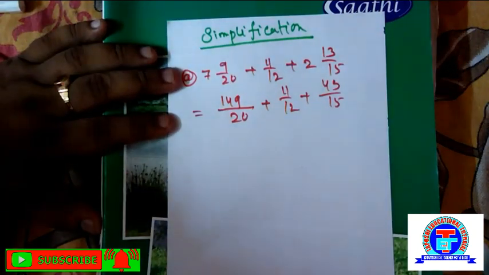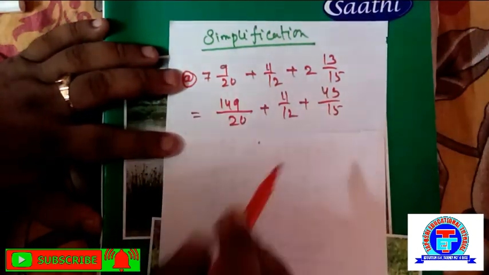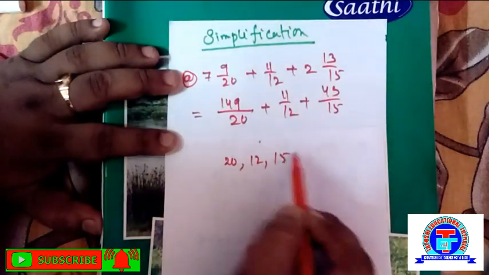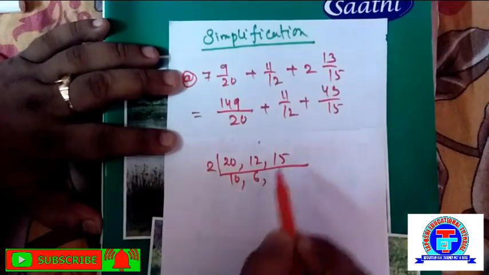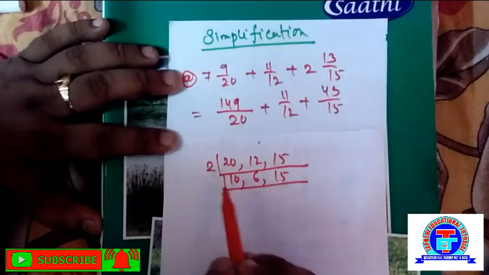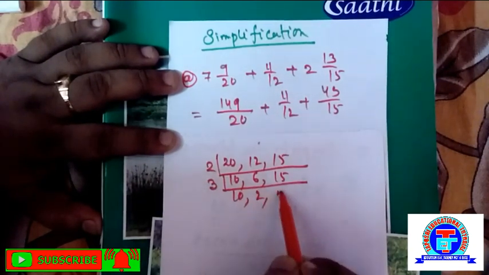Now we do LCM of the given fractions. So LCM is here. We do 20, 12 and 15. Now we do LCM, this one 2, 10, 6 and 15, right? And this one we take 3, 10, 2 and 5.